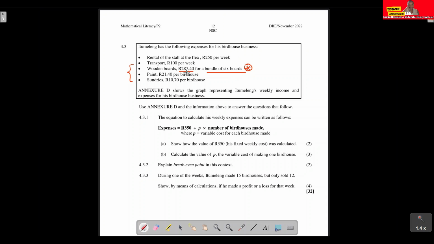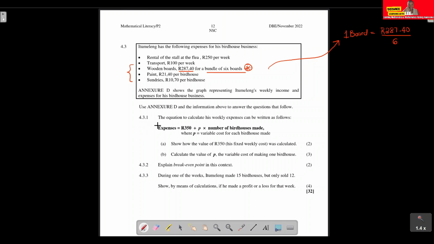So to get the price for one board, you just take that 287.40 and divide it by 6. All right, that's fine. It says use an extra D and the information above to answer the questions that follow.